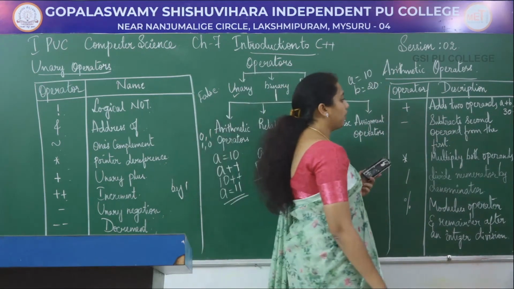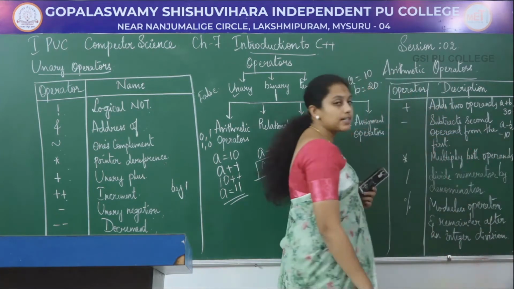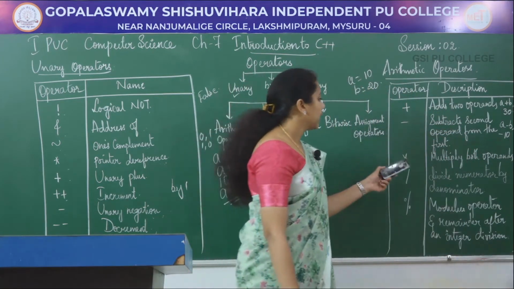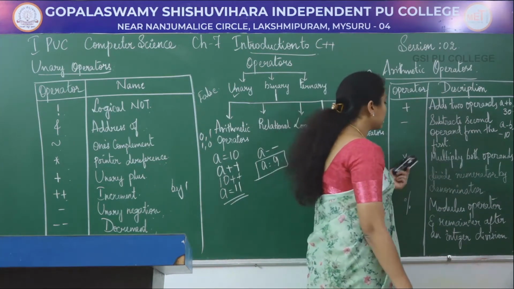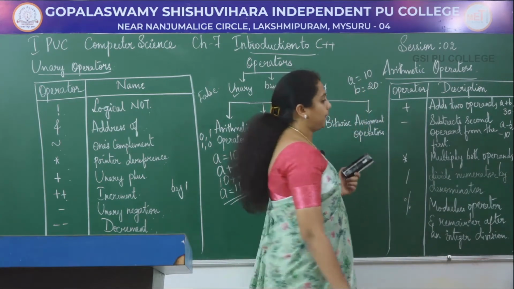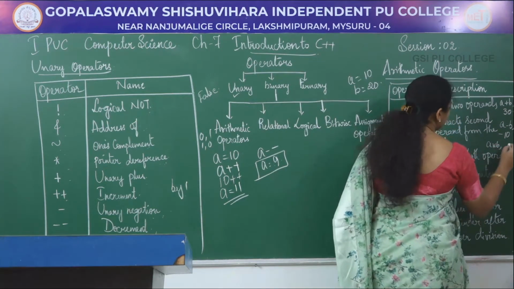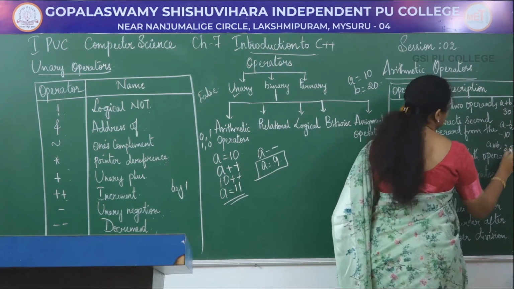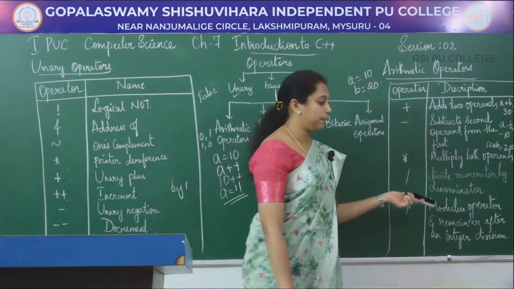If you perform a minus b, it will give minus 10 as its output. The third one is the multiplication operator, used to multiply both operands. For example, a into b gives 200 as its output.